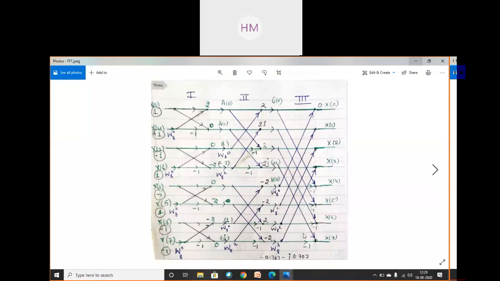We will solve another numerical. Write down the question. Find DFT of the following discrete time sequence. I am giving you the sequence. Write down the sequence.